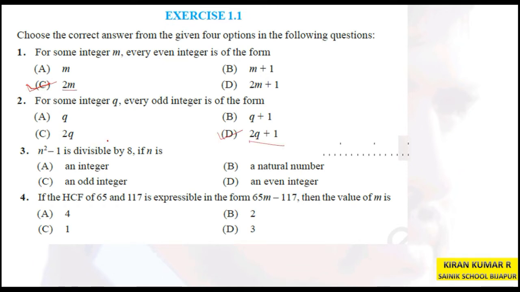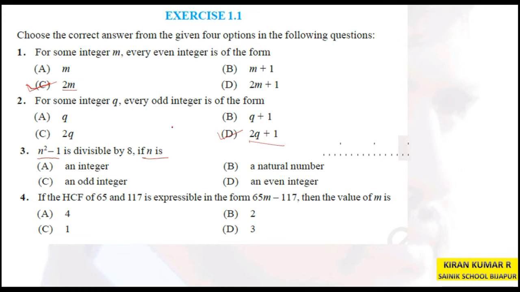Look at question 3. n square minus 1 is divisible by 8 if n is option A an integer, option B a natural number, option C an odd integer, option D an even integer. To arrive at the conclusion, we have to solve in reverse order.